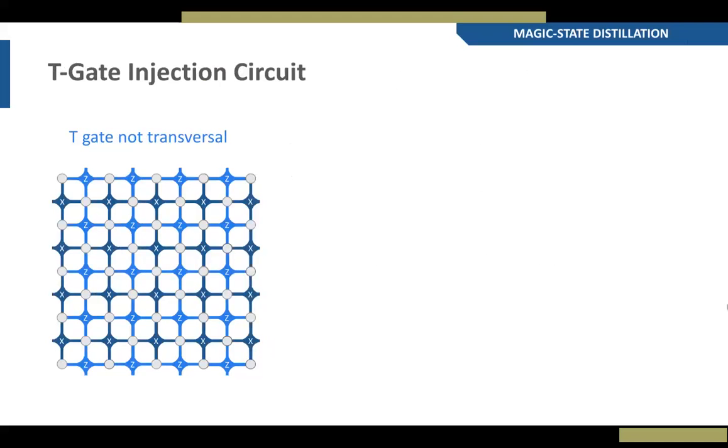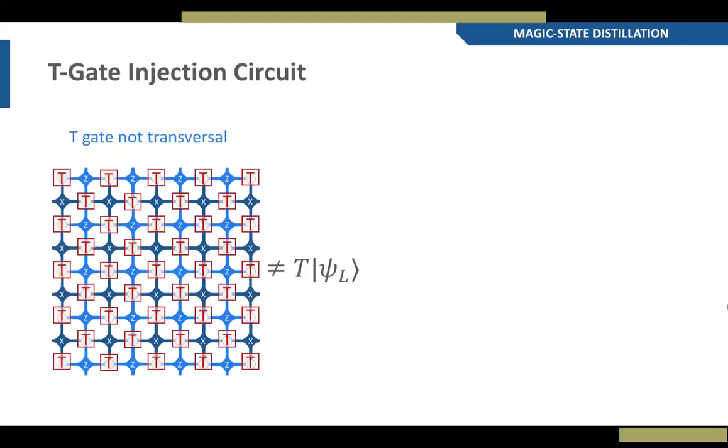What transversal means is that you can just apply your physical gate to each of the data qubits that encode your logical qubit. Can we do that for the T gate? It turns out that if you just apply T gates to all the data qubits, it does not achieve what you wanted. It's not a logical T operation on the logical qubit, nor can you pick any subset of the data qubits to achieve this.